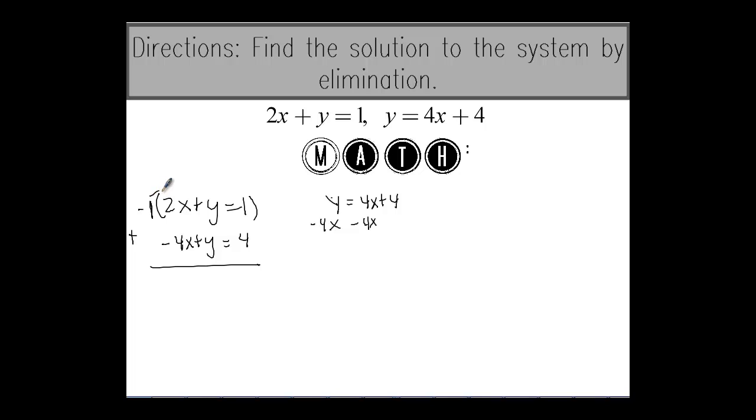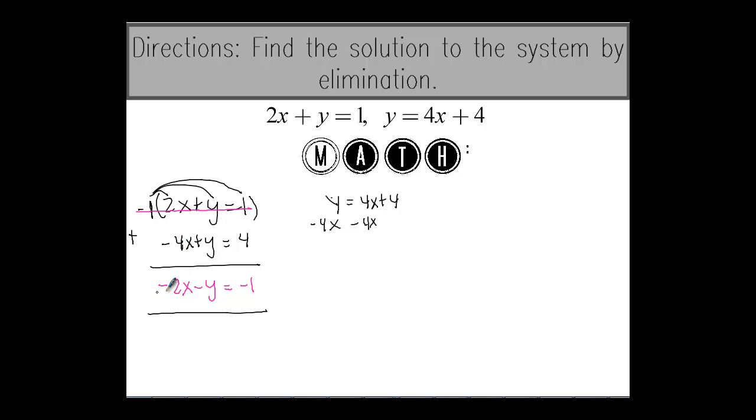So that's going to give me a new equation that I'm going to write on the bottom. I'm going to write it in pink. So it's going to be negative 2x minus y equals negative 1. Make sure you distribute this to every single term, including the one after the equal sign. So this equation has been changed into the new pink equation, and I take these two equations and add them together.